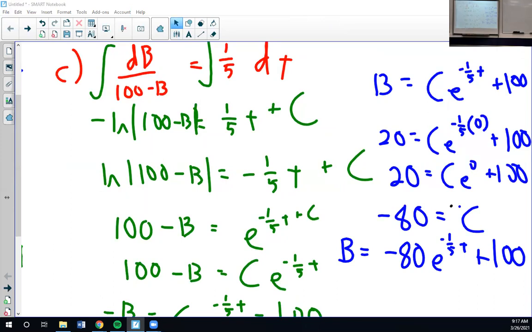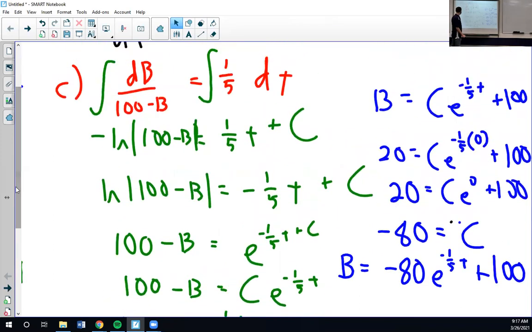Five points when it was scored. A point for the separating of the variables, a point for getting the antiderivatives, a point for putting your plus c. So if you got this far, then that's 3 of the 5 points. And then the next points are getting b by itself and solving for c.